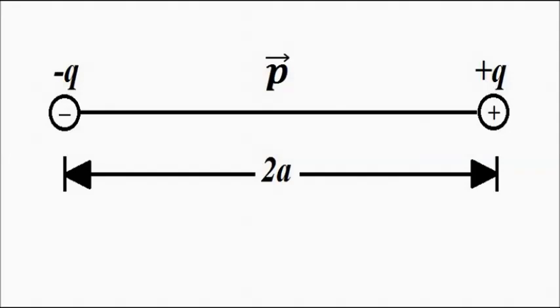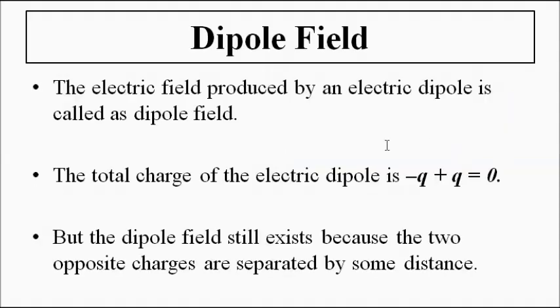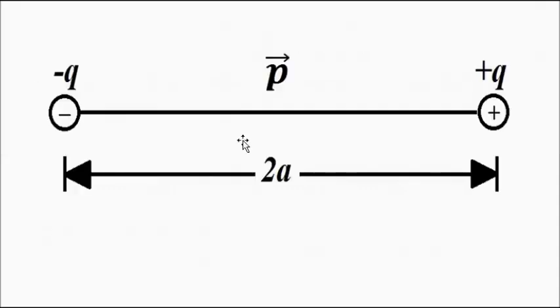Q minus Q is 0. You may think that there will be no electric field because of this electric dipole. But as these two equal and opposite charges are separated by a certain distance, there will be some electric field because of these two charges. So don't think that if the net charge of the combination in the electric dipole is 0, the electric field will be 0. No, because there is a separation distance between the two, there will be some electric field.